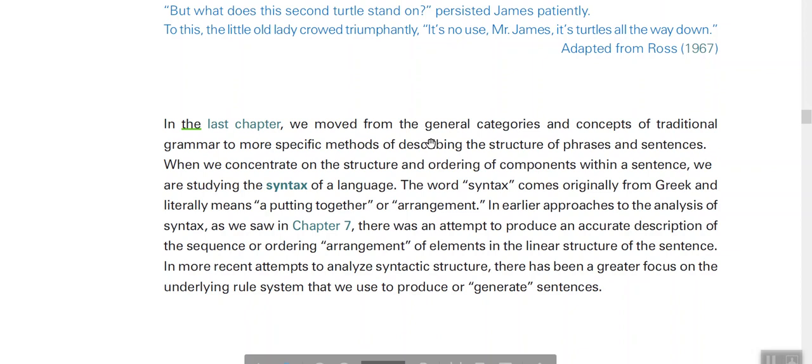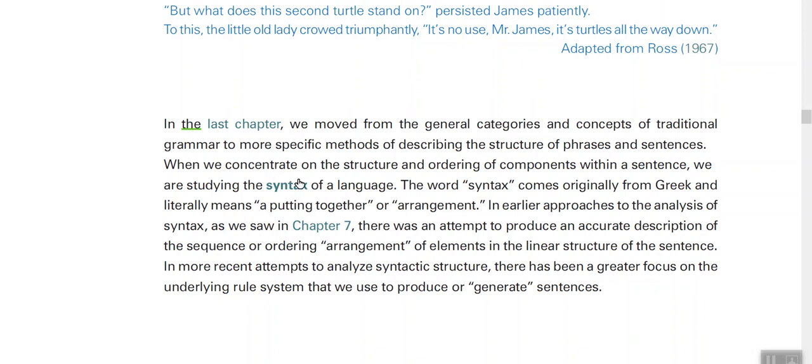So here we moved from the general categories and concepts of traditional grammar to more specific methods of describing the structure of phrases and sentences. When we focus on the structure and ordering of components within a sentence, we are studying the syntax of language. So this is syntax.